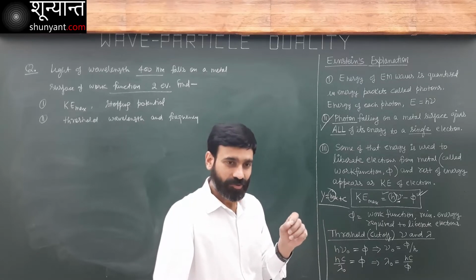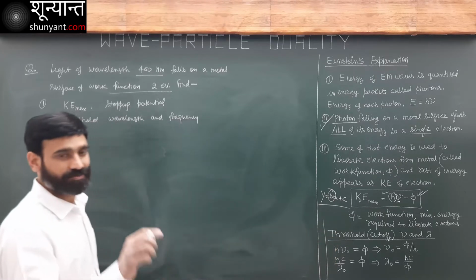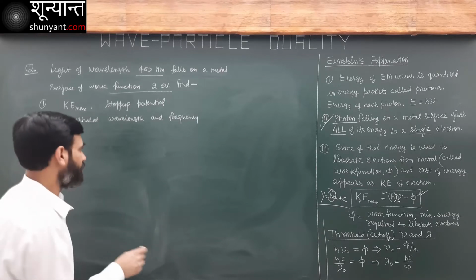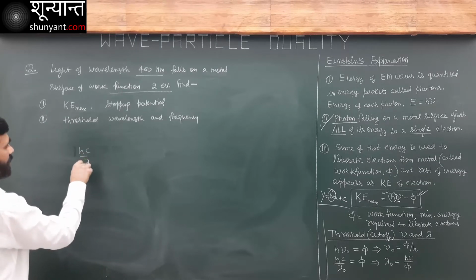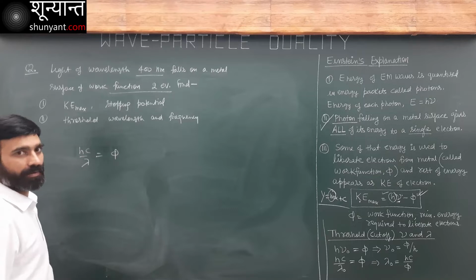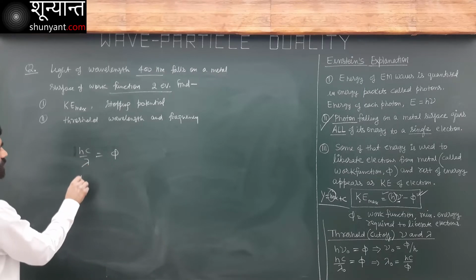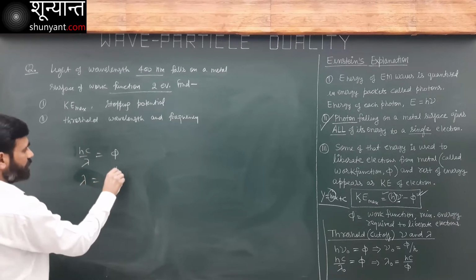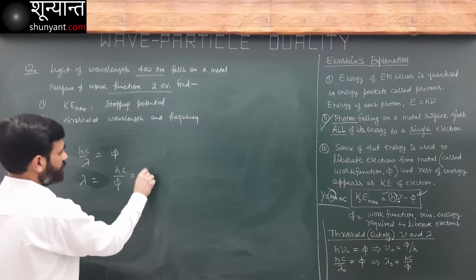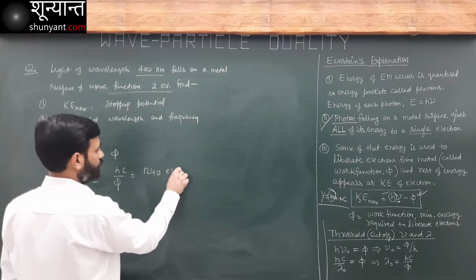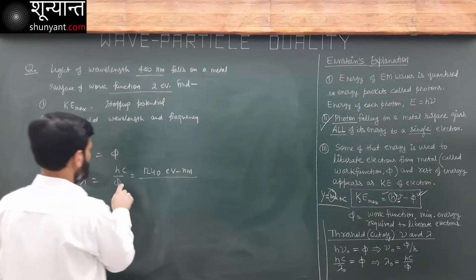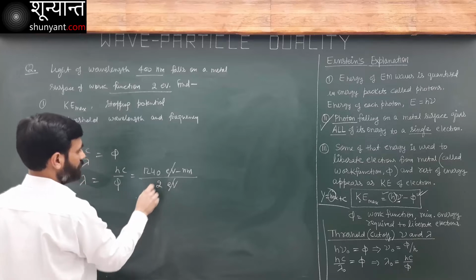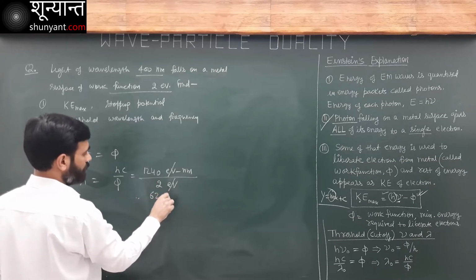The corresponding frequency is known as the threshold frequency, and the corresponding wavelength is the threshold wavelength. So hc over lambda is equal to phi. Lambda is hc over phi, which is 1240 electron volt nanometer divided by 2 electron volt. So this gets cancelled, and I have 620 nanometer.